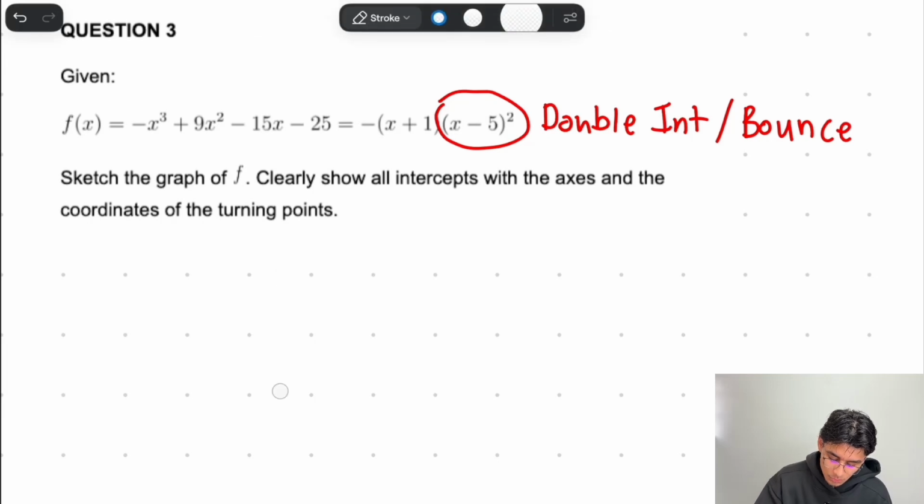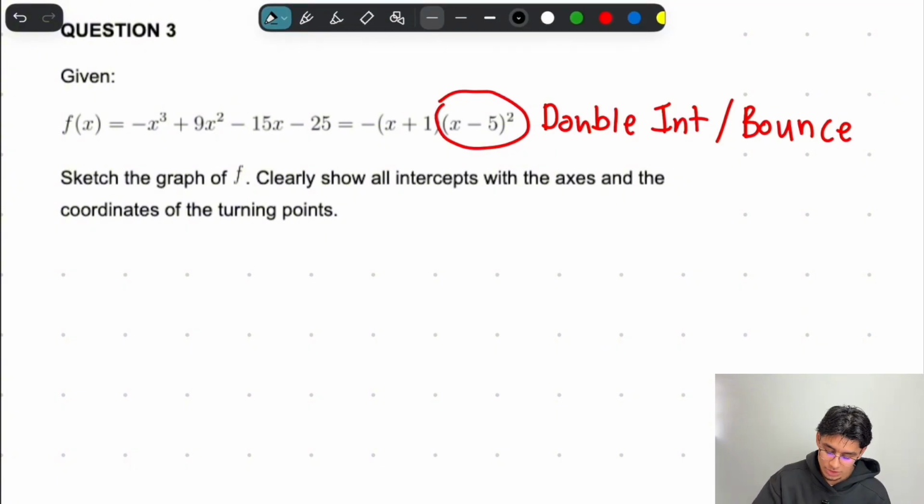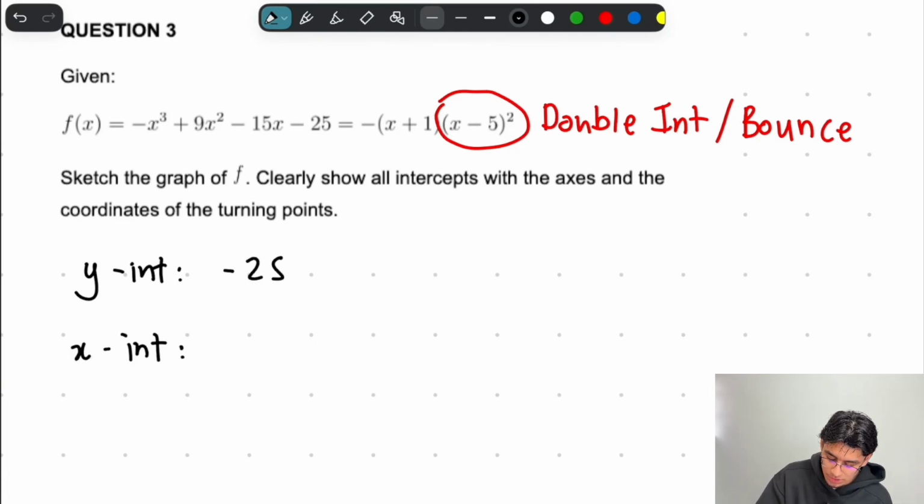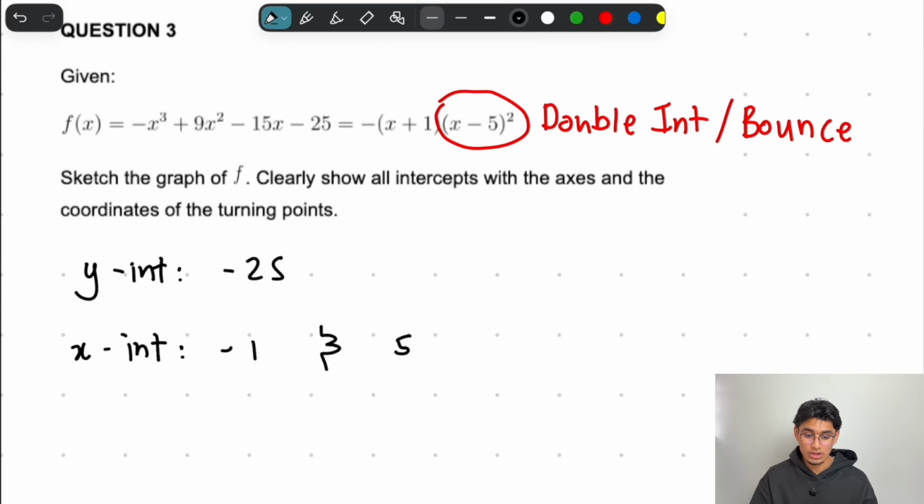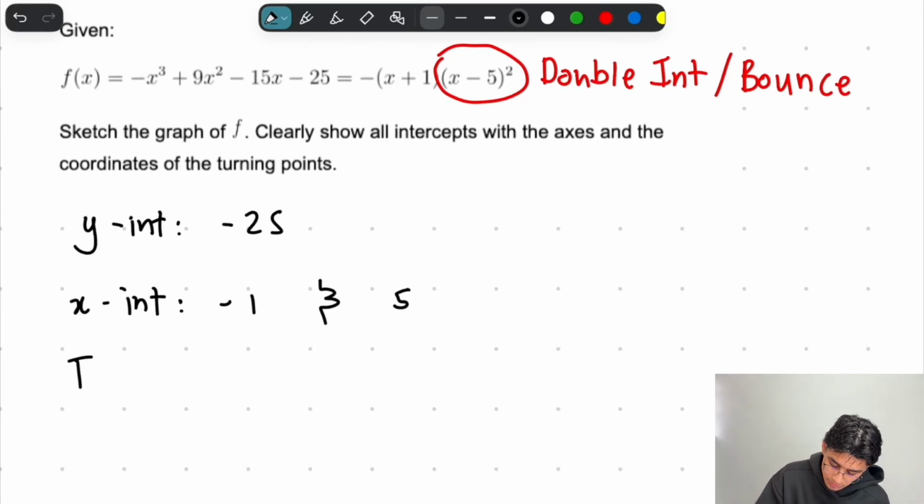So in this one we just have to keep in mind that there's a bounce. It doesn't really change that much. The y-intercept is going to be -25. For the x-intercepts, you'll notice there are actually only 2 x-intercepts here, being -1 and 5. Now for the turning points, same exact thing: to find them, you make the first derivative equal 0.